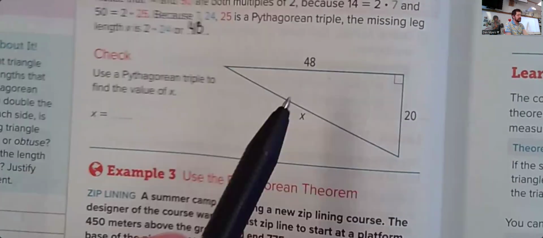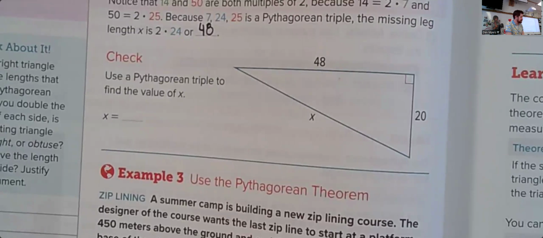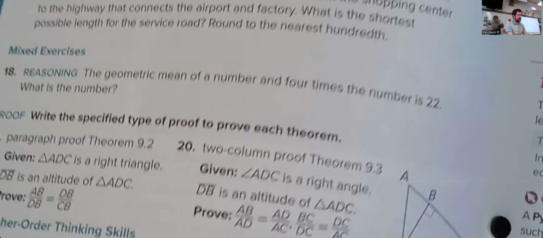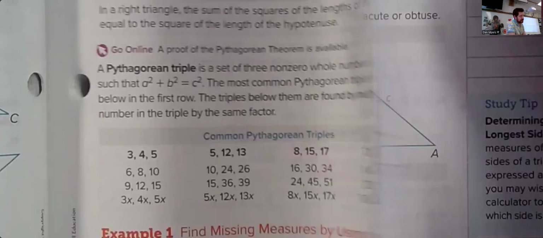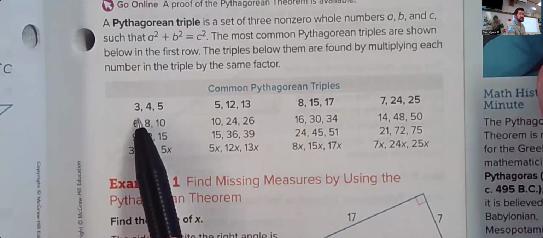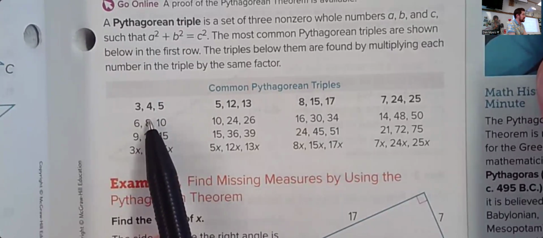These are going to be multiples of something. 48 and 20. By the way, these are the legs. So let's see. Are both 48 and 20 multiples of 3? Forty-eight is, 20 is not a multiple of 3 though.